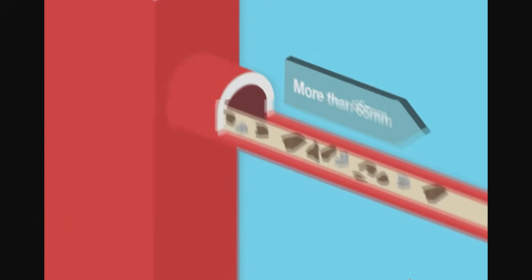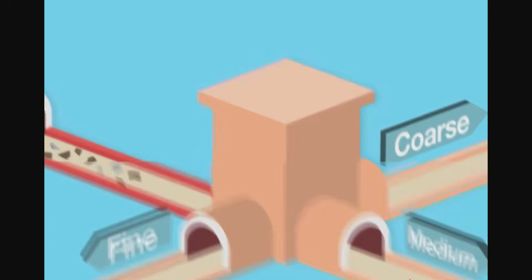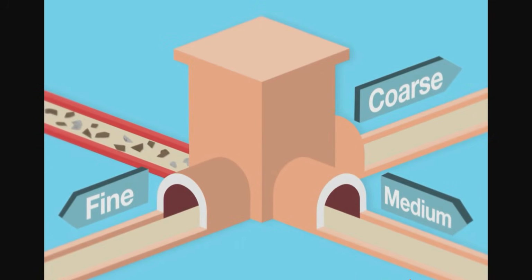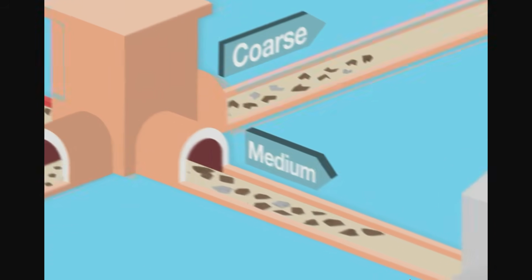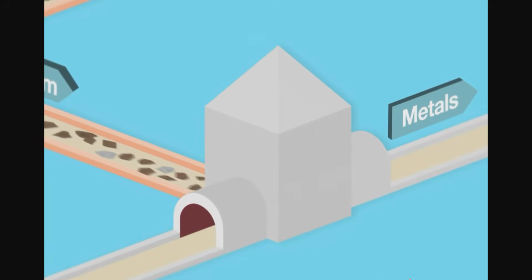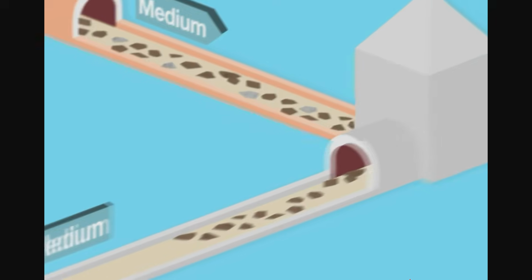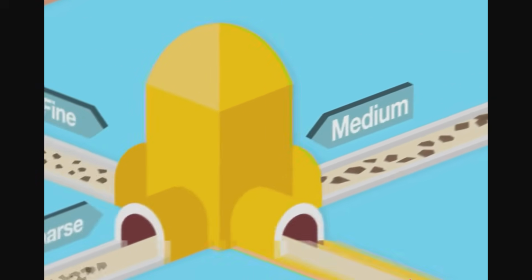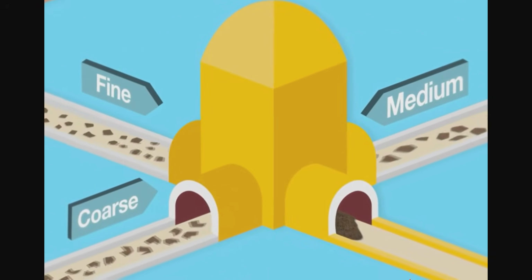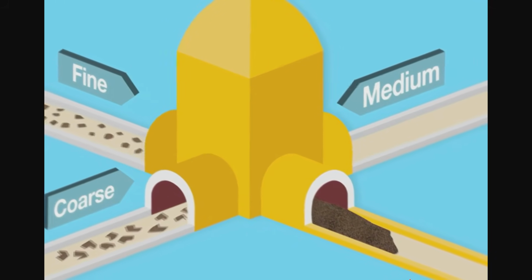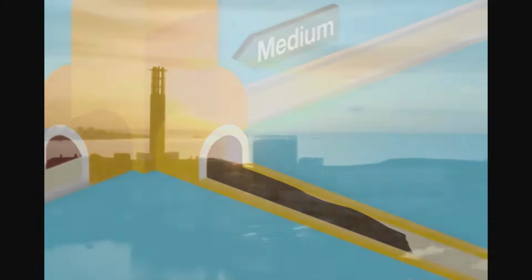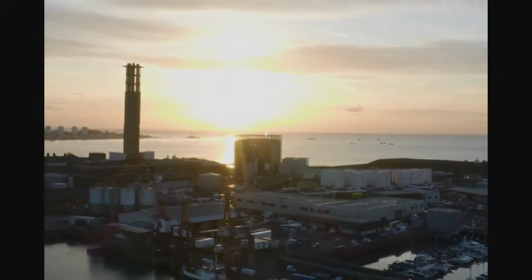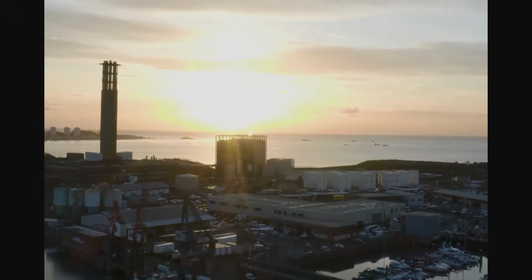A flip flow screen then splits the IBA, and again this is getting segregated into fine, medium and coarse material. The grades of material are passed over eddy current separation, and here the metal is getting separated by the eddy current separation technique. Particles are removed, and the different grades of material are blended back together to form Fortis IBA aggregate. So this is the aggregate they produced. It is no longer being securely disposed of in the La Collette headland and is now fully recycled.